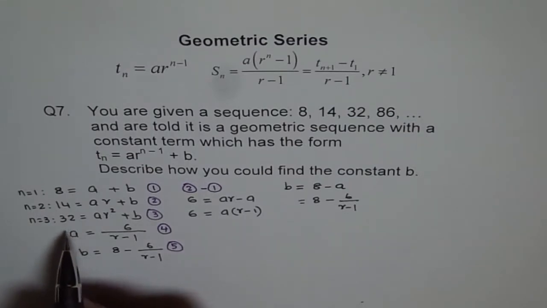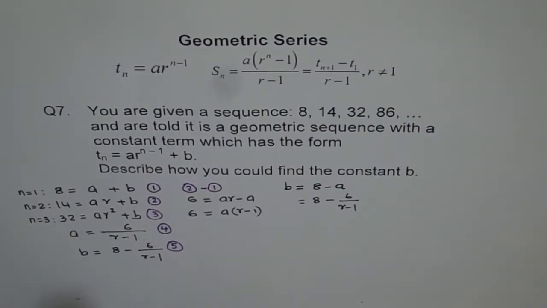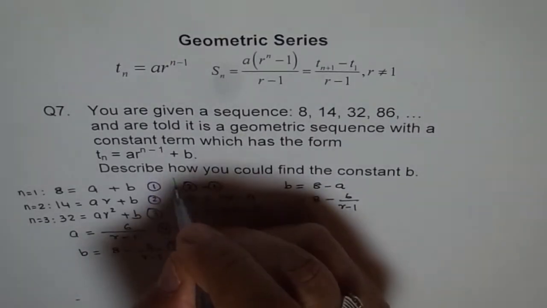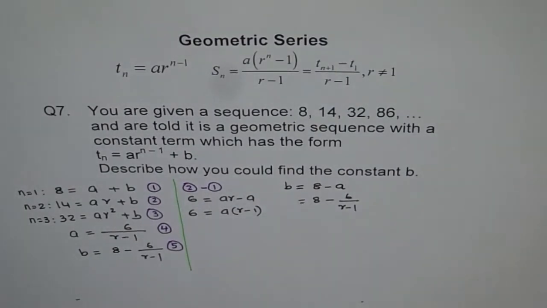So we'll do it like that. We'll move on and use equation number 3 and plug in these values of A and B. Let me draw a line here so that it's clear.